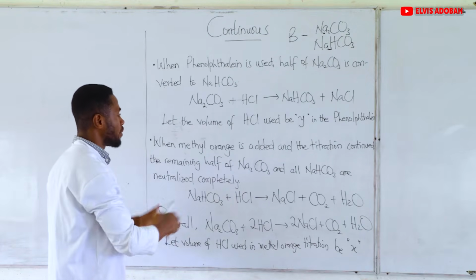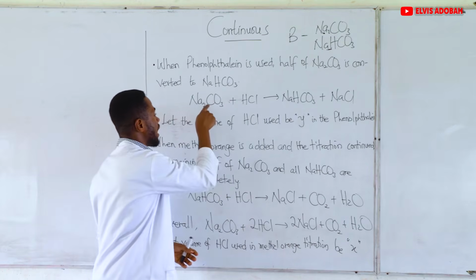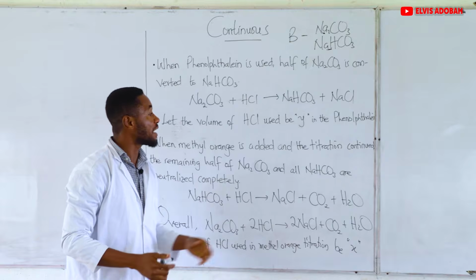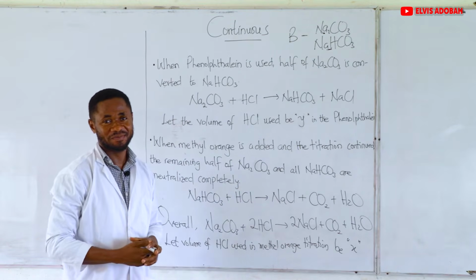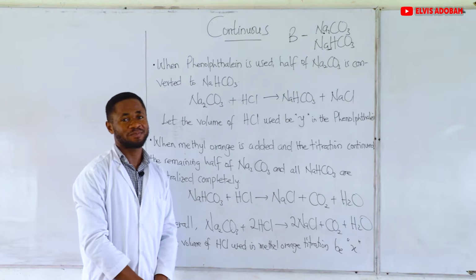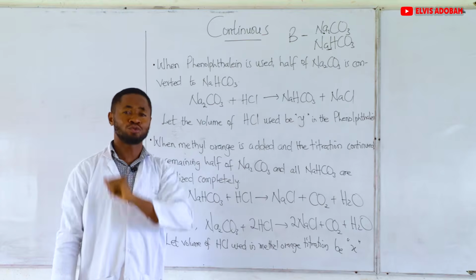So let's assume that the volume of HCl that reacted with the half of sodium carbonate in a phenolphthalein titration is Y. Let's keep this Y somewhere. We will use it very soon.